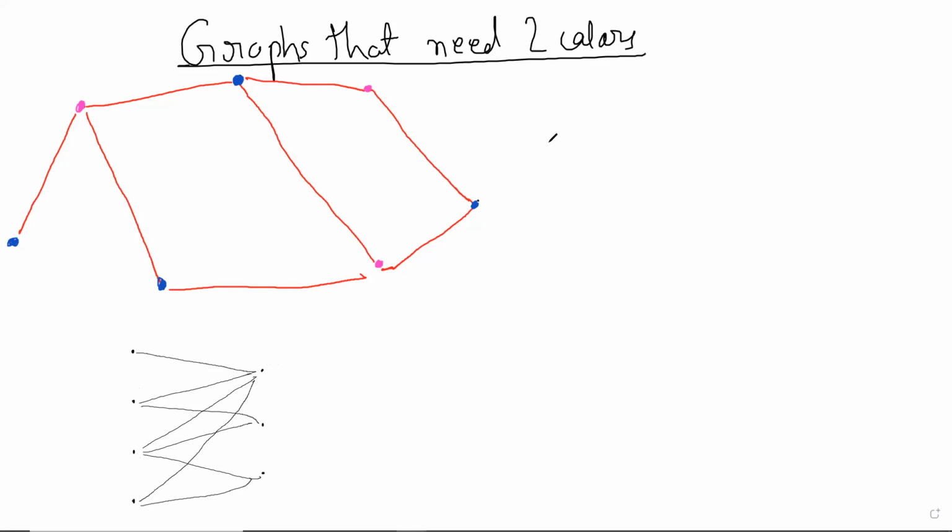What's the minimum number of colors that one must use to color this graph successfully? Meaning that if two points are joined by a line, then they must get different colors. Smallest number of colors needed.